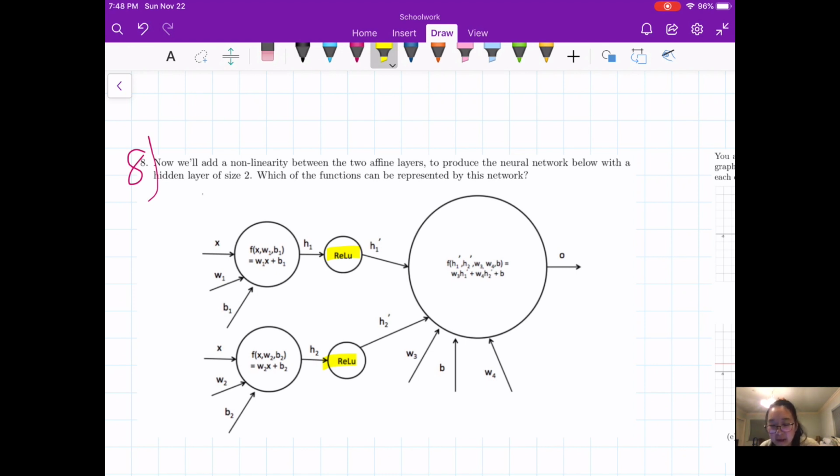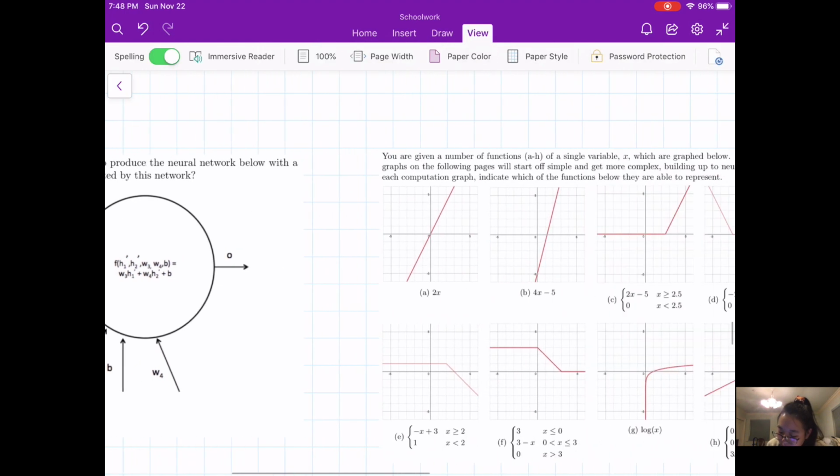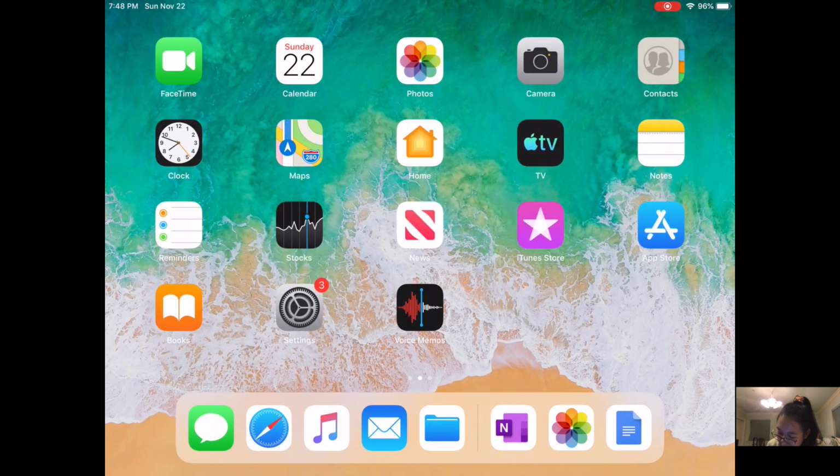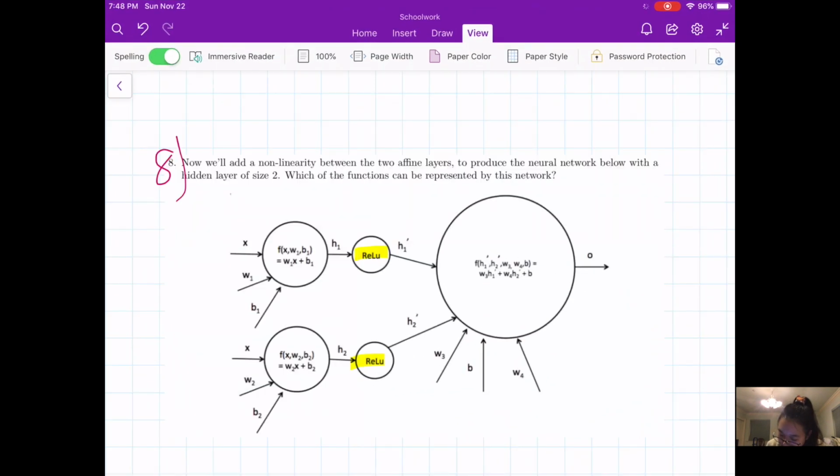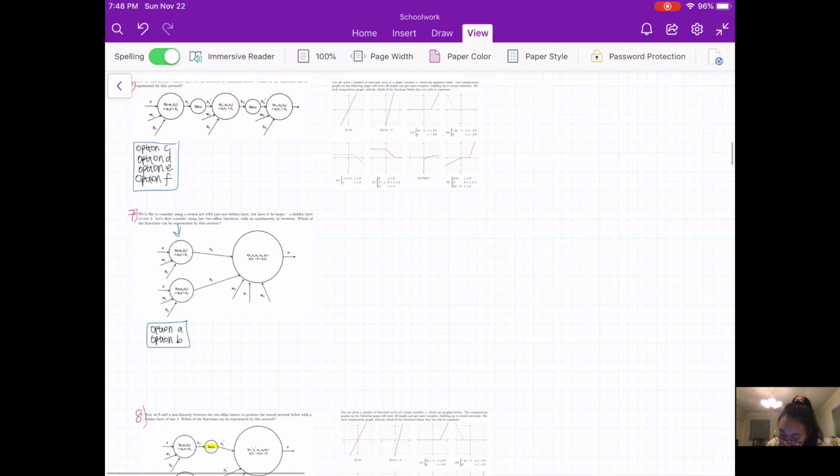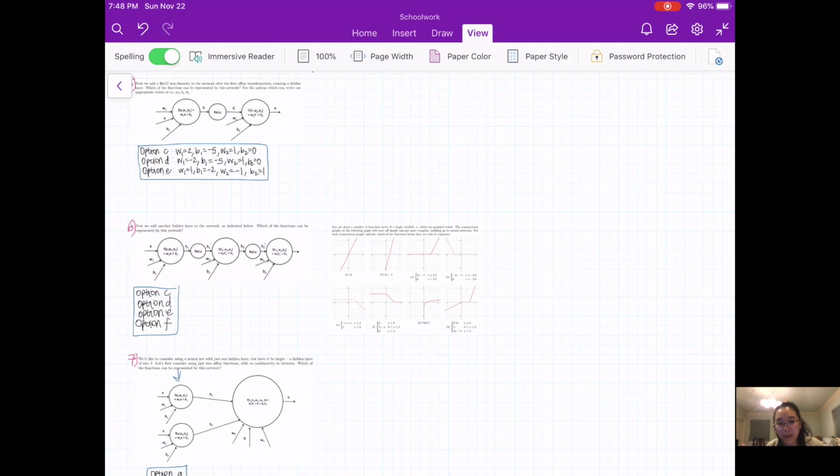So we can see for this, what functions can we represent? All the functions that we are able to represent with 6 should also be possible, plus with some leniency as well, because this is a more complex graph and you are taking in things from multiple nodes.